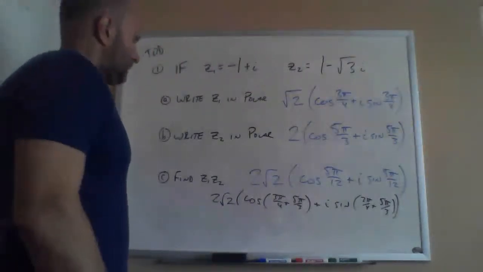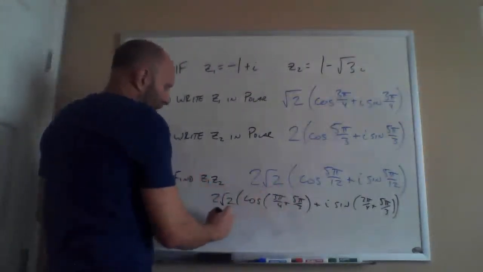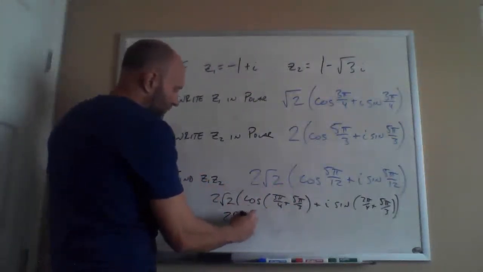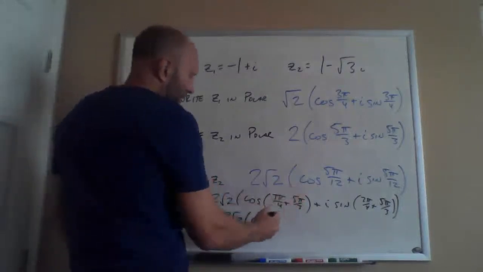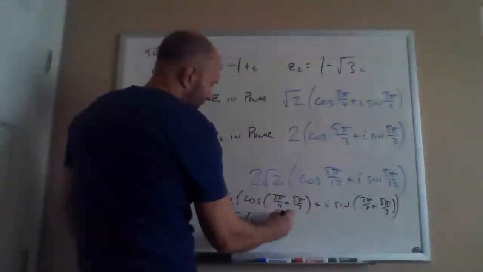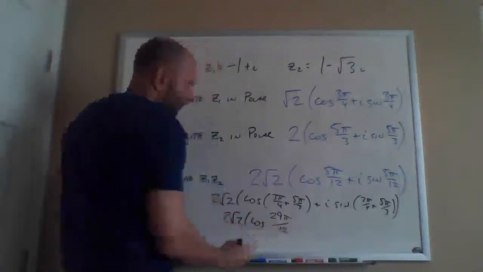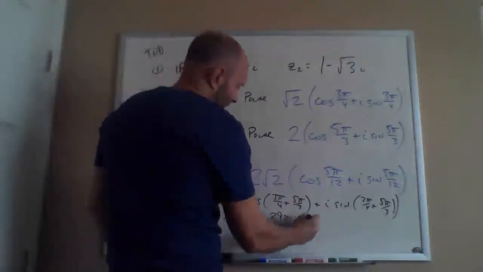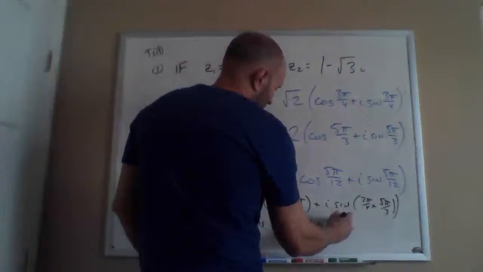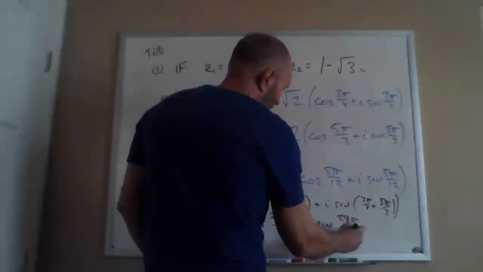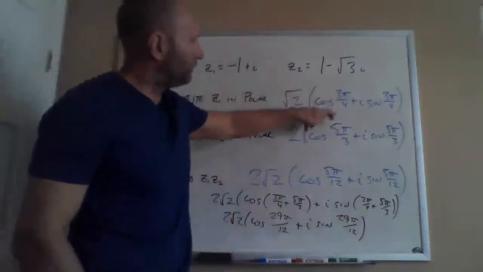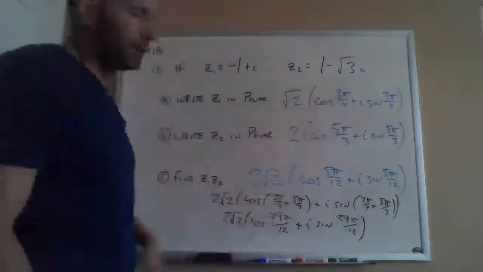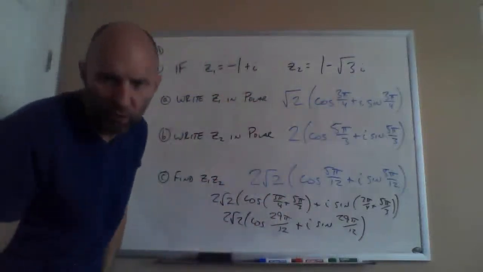When we simplify this, we have 2 root 2 cosine, this becomes 9 plus 20, so 29 pi over 12, plus i sine 29 pi over 12. We have to add these two fractions together, so that gives us 29 pi over 12.